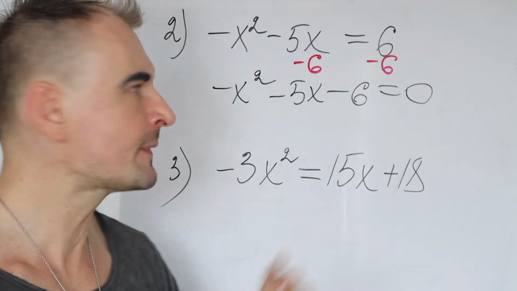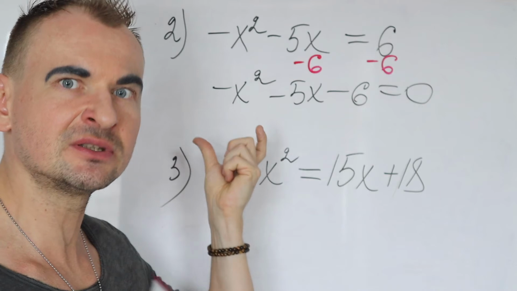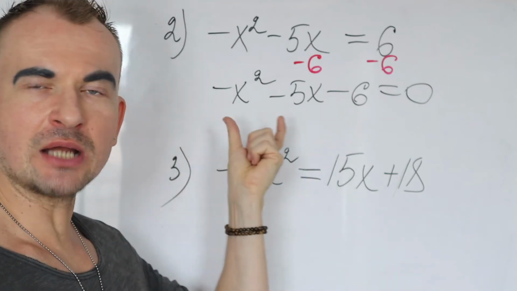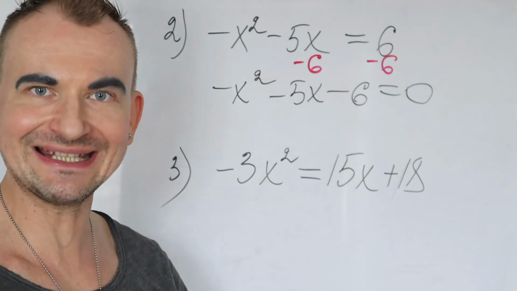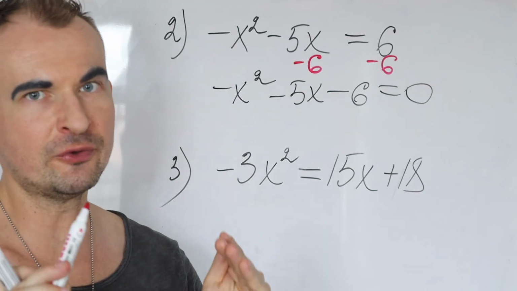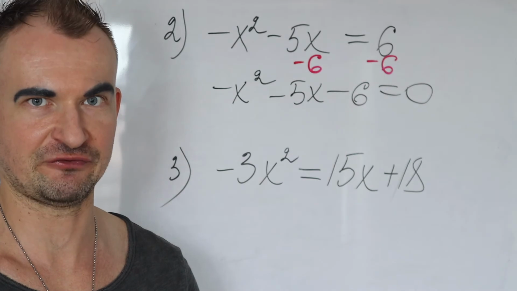You always want your leading coefficient to be positive. It could be -1, it could be -2, or any number that appears in your problem. So you want to make it positive.